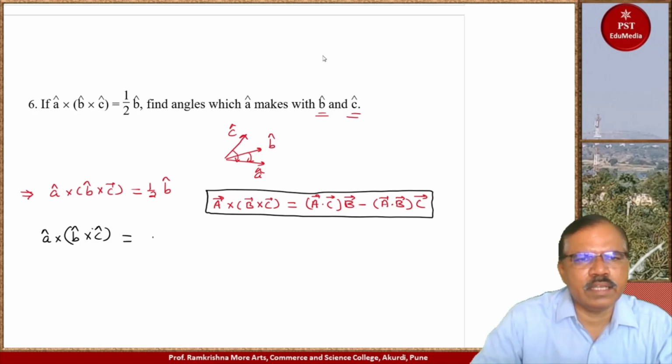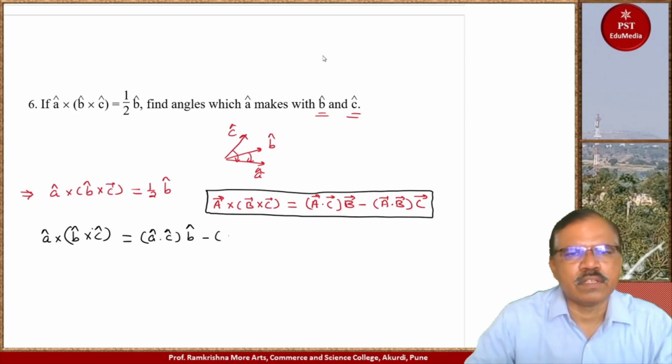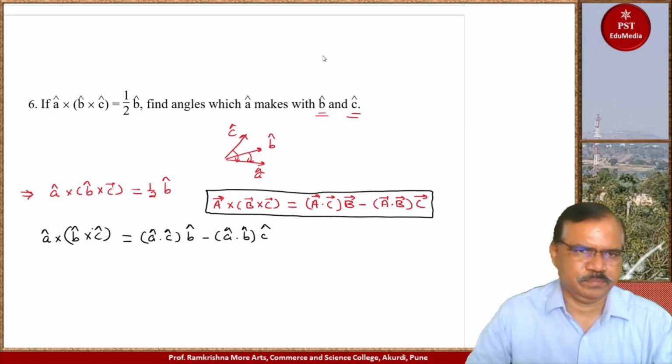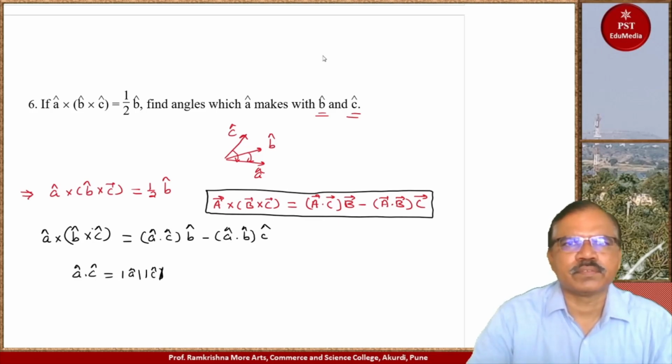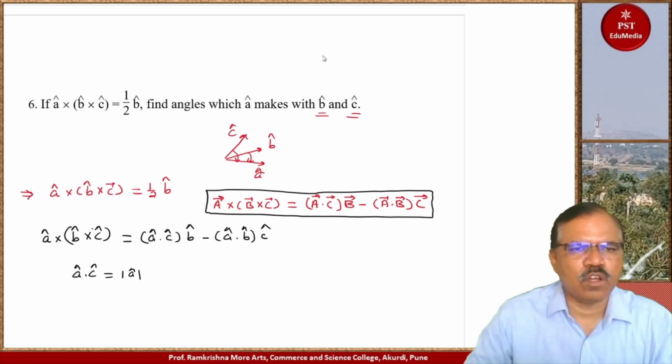So here we write A dot C multiplied by unit vector B minus A dot B multiplied by unit vector C. Now we know A dot C is equal to magnitude of A into magnitude of C multiplied by cos of the angle.